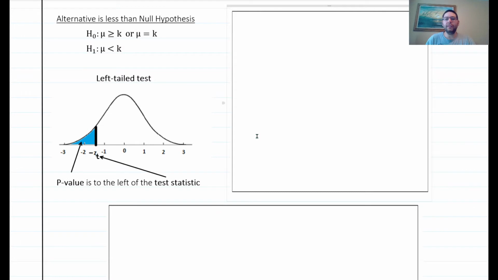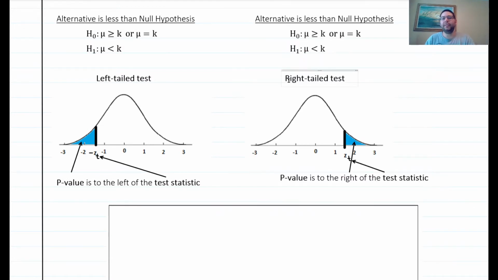All right. So what happens if it's a right tail test? Well, it's going to look kind of like this. So you have h0 could be greater than or equal to, or it could just be equal to. And in this case, the alternative has to be opposite, so it's going to be less than. I'm sorry, not less than, greater than. So let me change this real quick. Should be greater than.